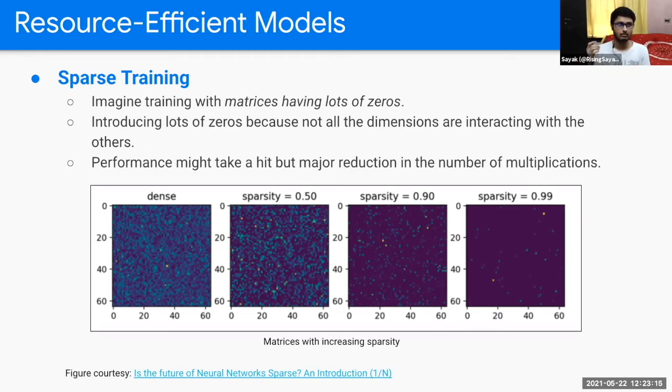And with modern machine learning tooling, it's also possible to have your neural networks contain lots of zeros, but at the same time train them in a way that yields the maximum performance out of that configuration. So here's a visualization of how a sparse matrix might look with different sparsity factors.